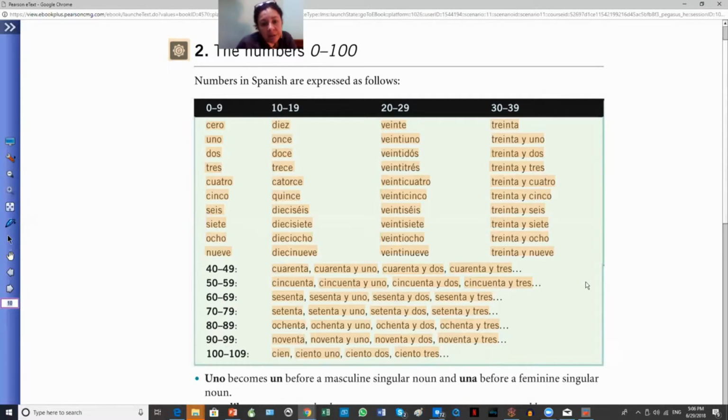One more piece I have to tell you about numbers is number 1, see? If you are counting numbers, then 1 will be uno. Uno, dos, tres. But if you're counting objects, and the object is masculine singular, then it's going to be un. It shortens and removes that o, okay?